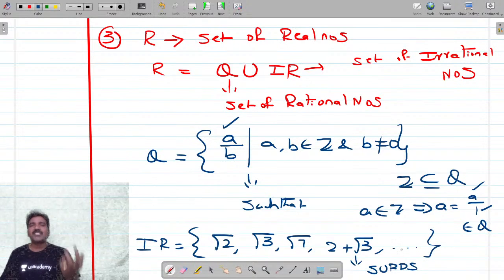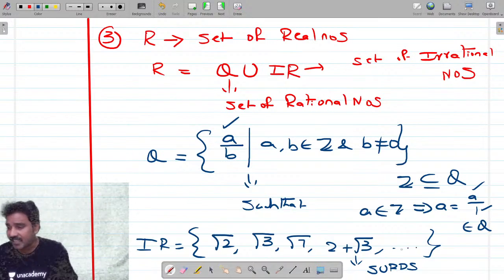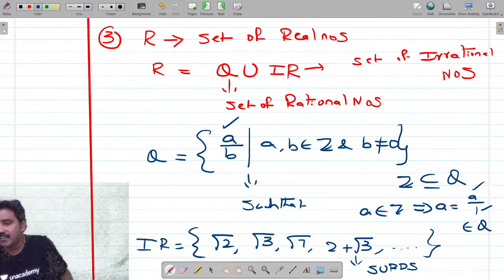A real number which is not rational is called irrational. Real numbers can be divided into two parts. If you take any real number and are able to express it as integer divided by integer, where the denominator is not equal to 0, that will be called a rational number. If you are unable to express a real number in that format, that will be called an irrational. I think the point is very clear.